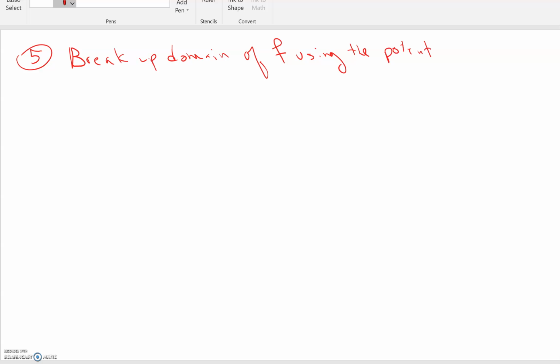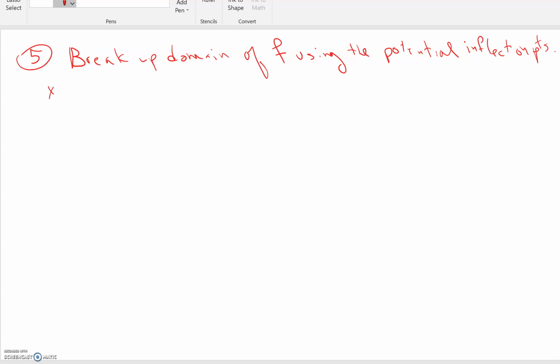So that would put us at number 5. Step 5, break up the domain of f using the potential inflection point list that you got.